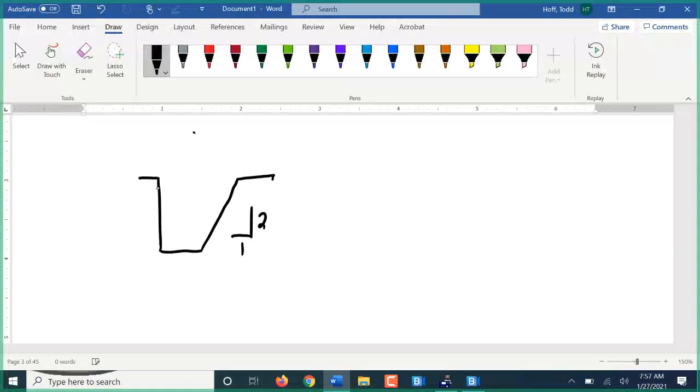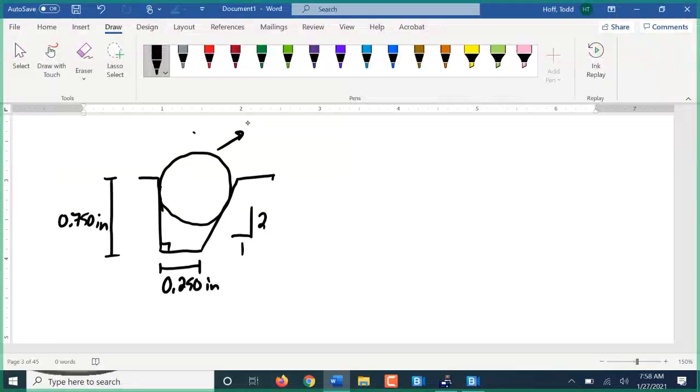Have a little fun here then. We've got a rod sitting in a groove. This is a right angle here. Let's give this 50 inches, and we'll give this 0.750 inches.